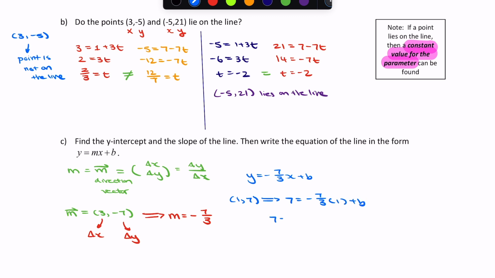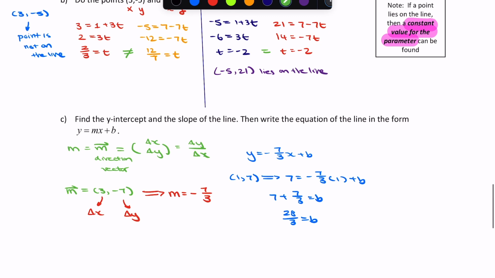And so 7 plus 7/3 is equal to b. And so 28/3 is equal to b. Therefore, our equation is y is equal to -7/3 x plus 28/3.